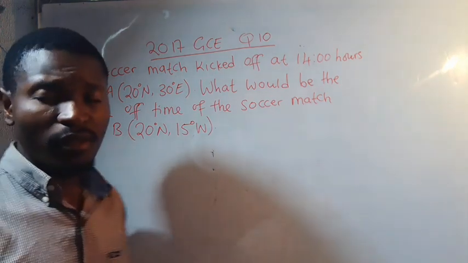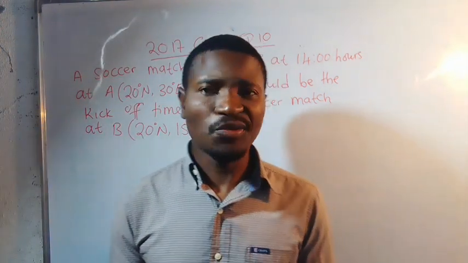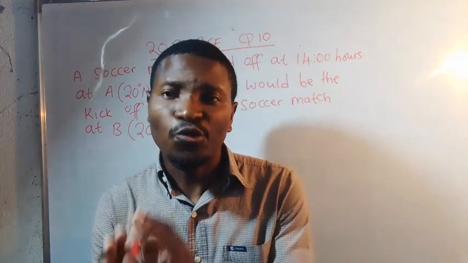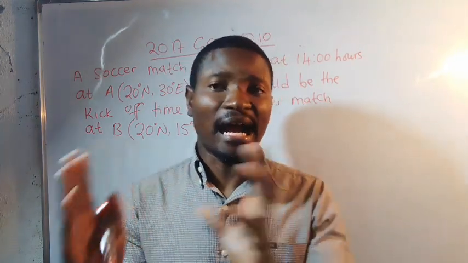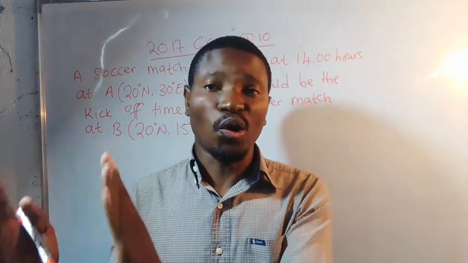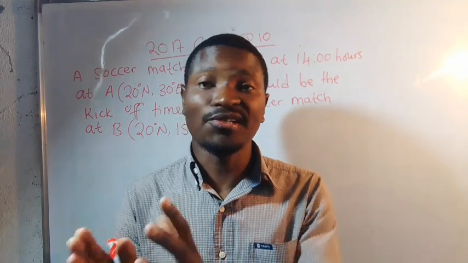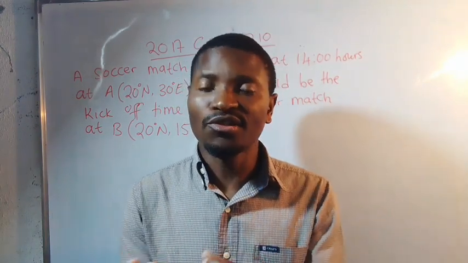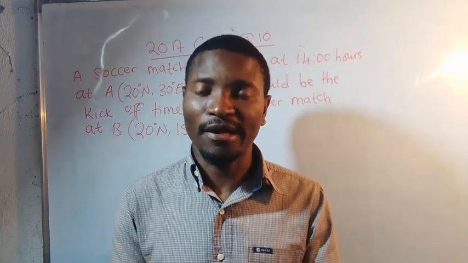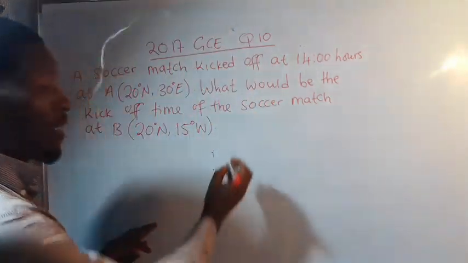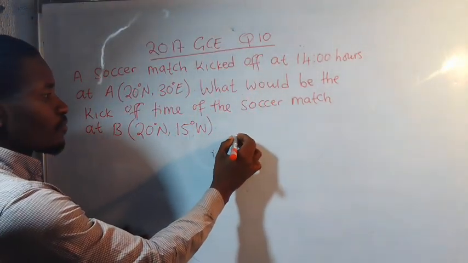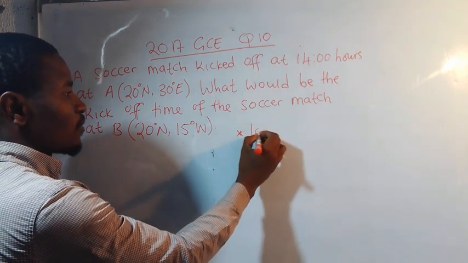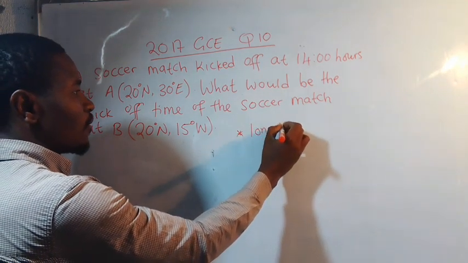Now, one of the most important things when it comes to time calculation is that you don't have to consider the other part of the positioning, which is the latitude. You always consider the longitude when it comes to time.